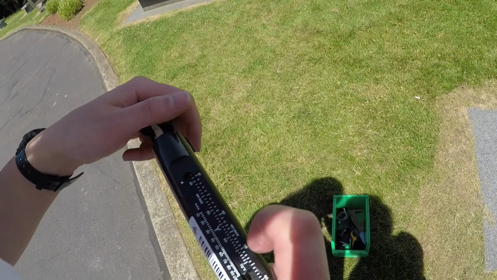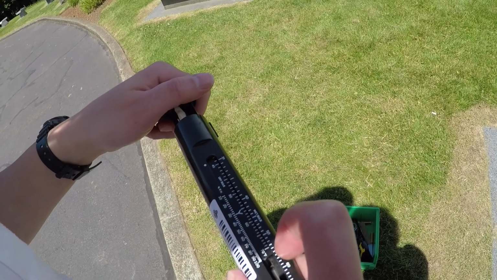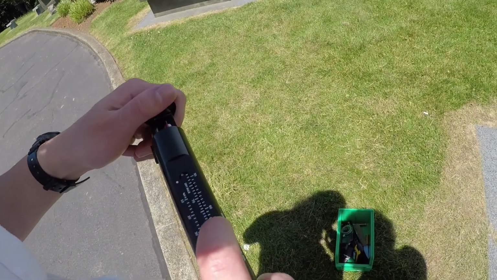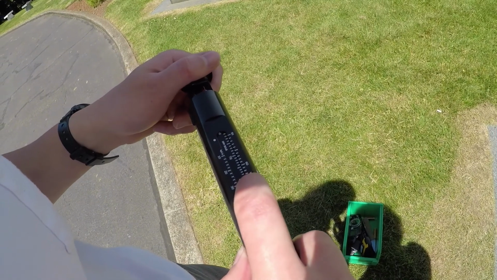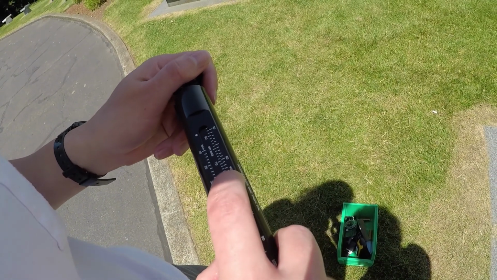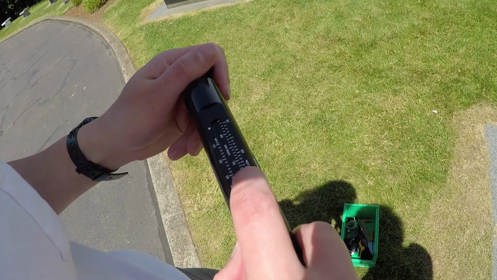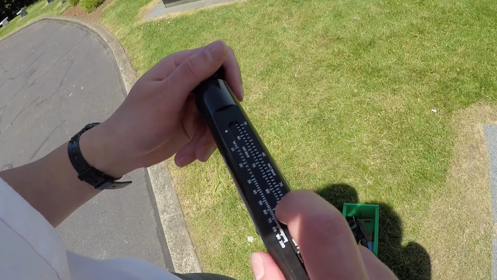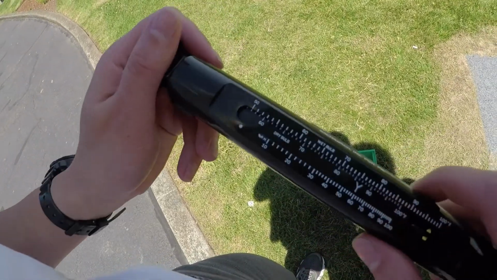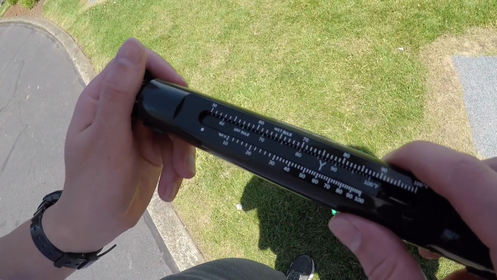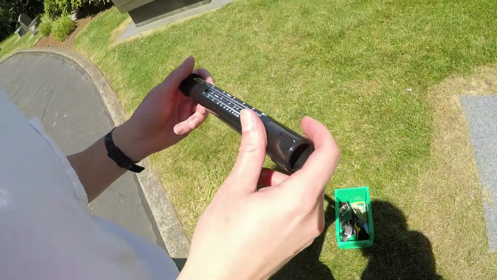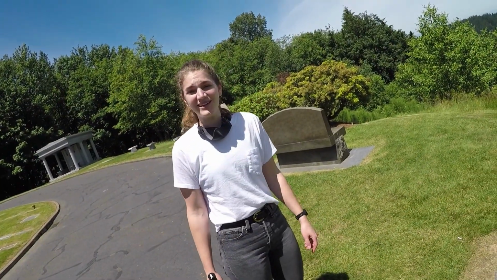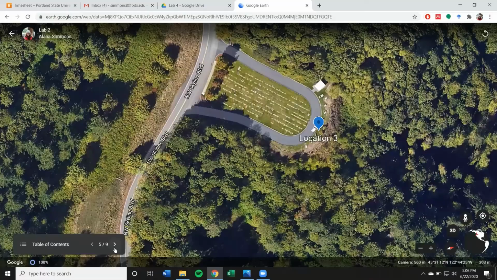Wet bulb at 65 and our dry bulb at 74. I'm going to look at our little arrow, and we have a relative humidity of about 60%. All right, and that concludes location 3, and we're going to head on to location 4.